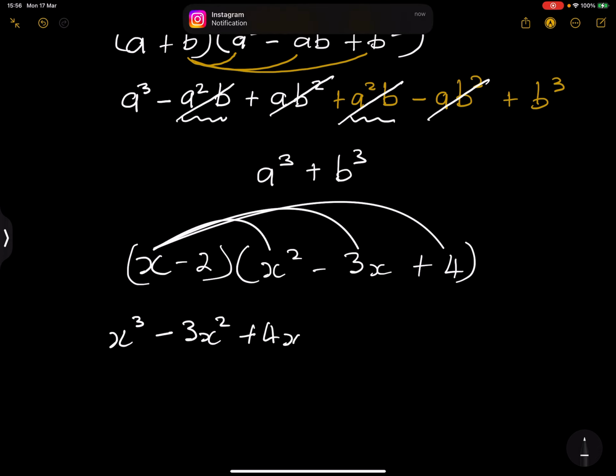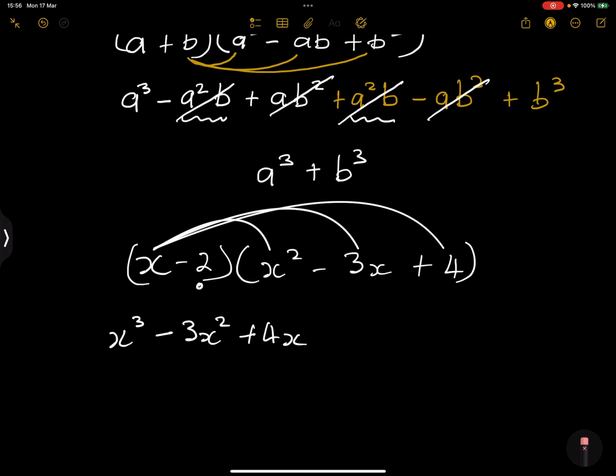Right? And then we go to the next one. The second term of our binomial, that's negative 2 times x squared, that's minus 2x squared. That's negative 2 times negative 3x, that's positive 6x. And finally, that's going to be negative 2 times 4, that will be minus 8.